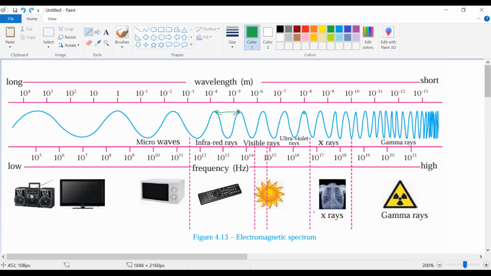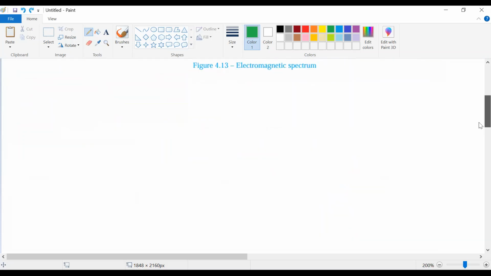Okay, so this you should understand. If I were to explain it to you all, son, I'll explain it this way.